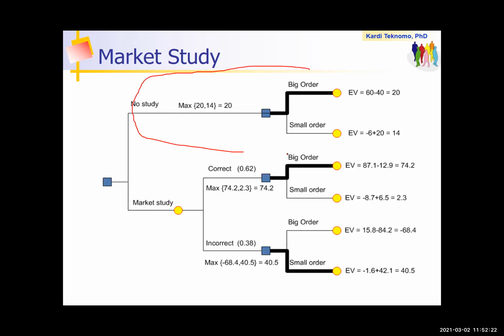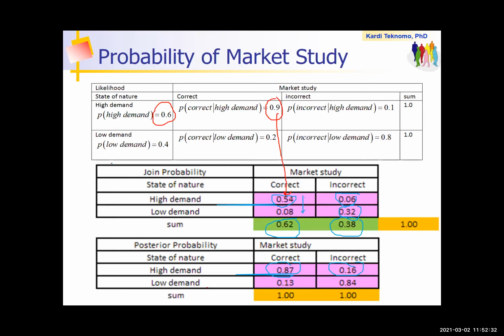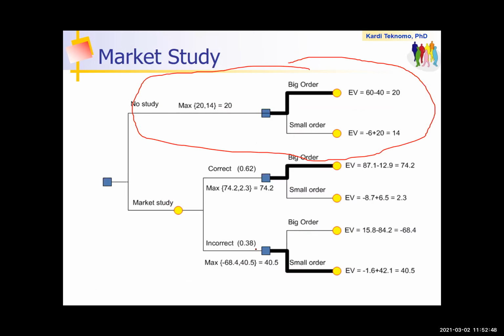We have this no study in the decision under risk. Now we have the market study. Now we have, what is the value? 0.62 and 0.38 here. The sum of joint probability. Can you see this? So that will be included here.